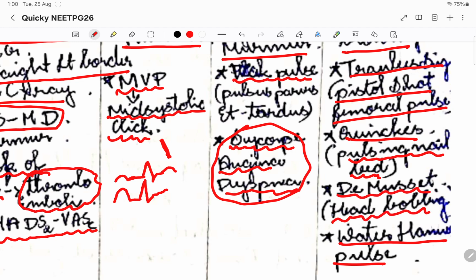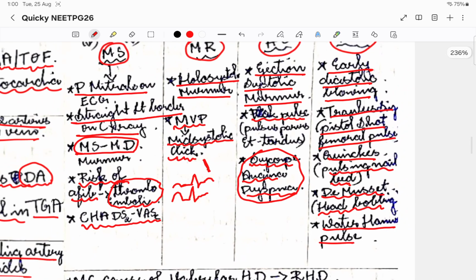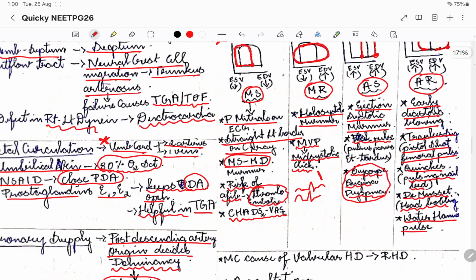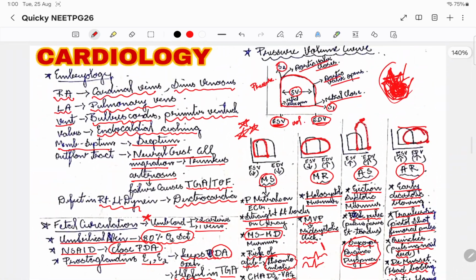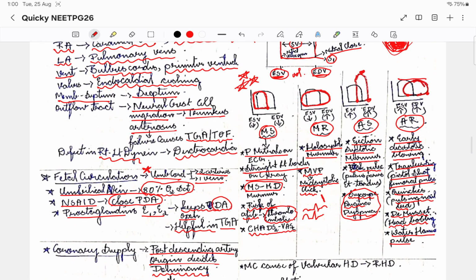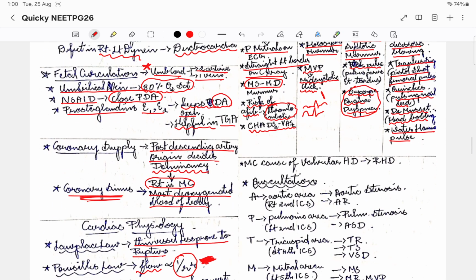This is all because the blood has reached the aorta, but again it is taking it back, regurgitating back. So please remember all these signs: Traube's sign, Quincke's sign, De Musset's sign. So this is everything you need to know with respect to pressure volume curves and all the valvular pathologies.